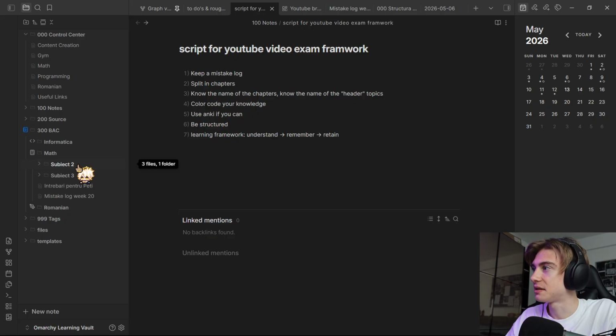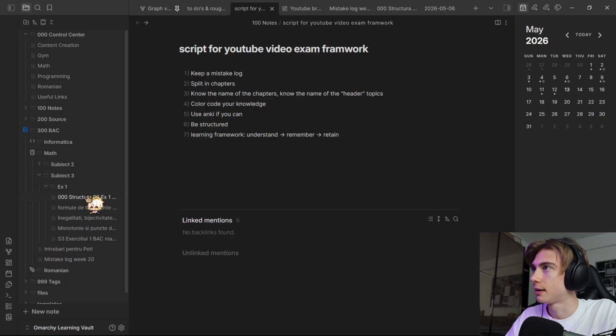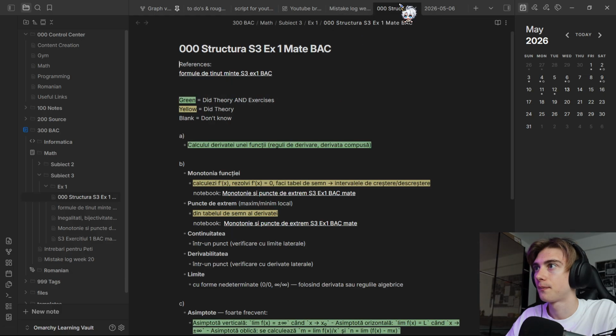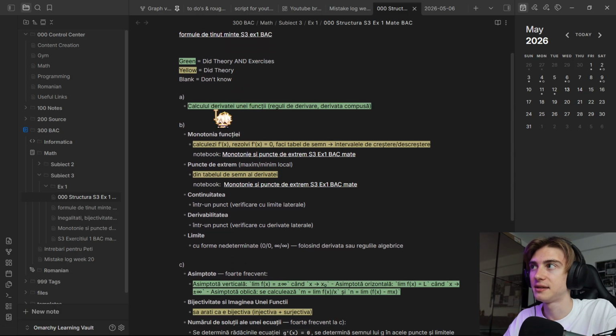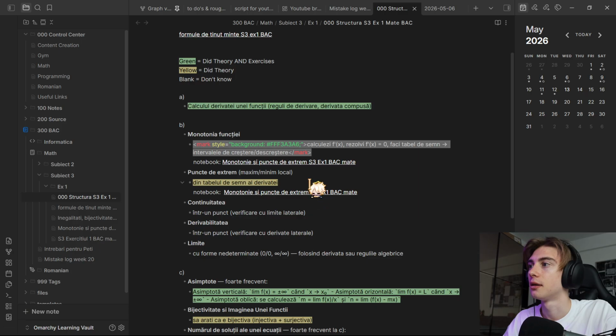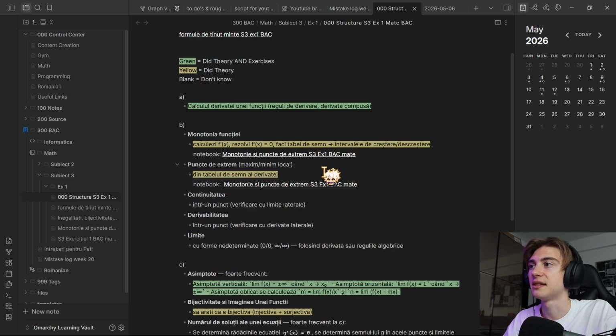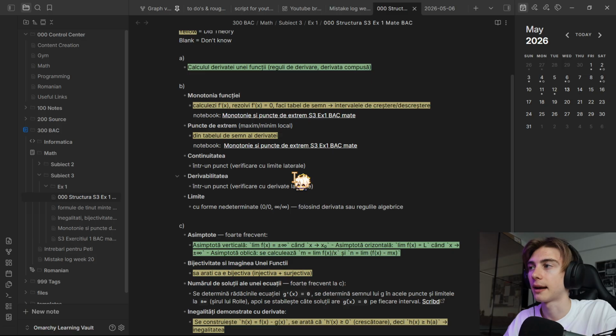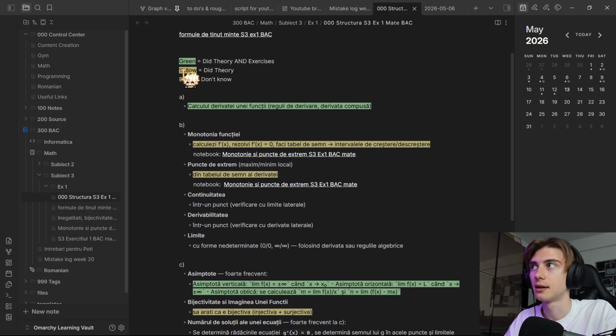Basically what I'm doing with these is I have a little structure here. You're gonna see it. Look. You see that color coding again, but this time it's not the actual problems, it's the topics themselves. Here we have the vertex of a function, or its continuity, or derivatives, and I color code them like this.